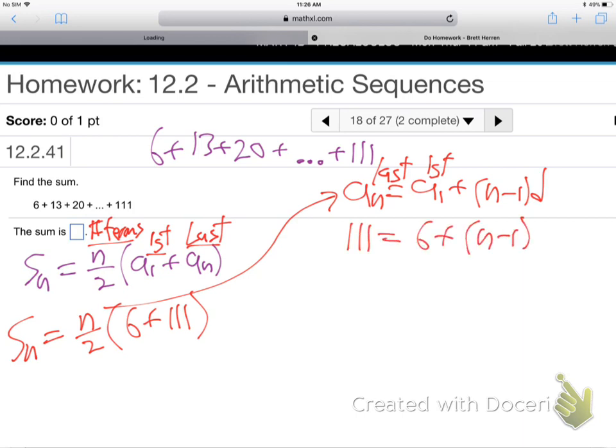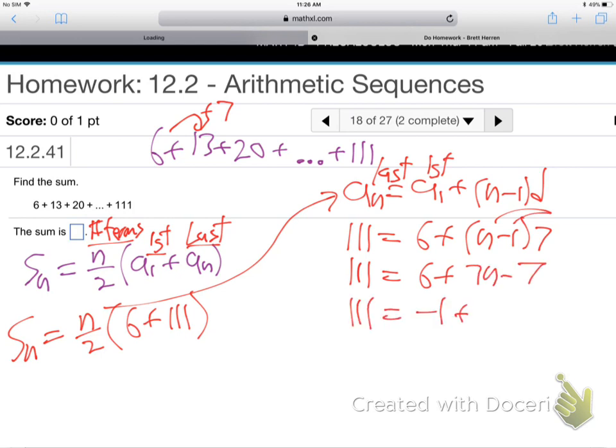And D, what's the D here? 7. So it's adding 7 every time, huh? Boom, boom. 7n minus 7. 6 minus 7, negative 1 plus 7n. Add 1 to both. 112 is 7n divided by 7. What's n? 16. Thank you.